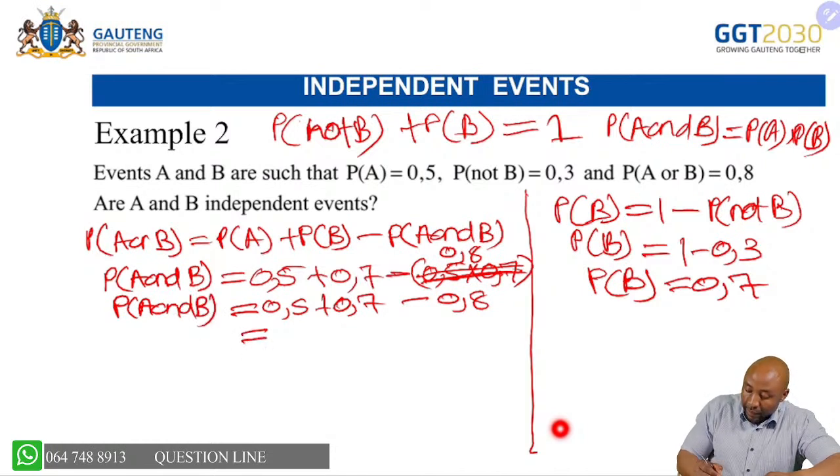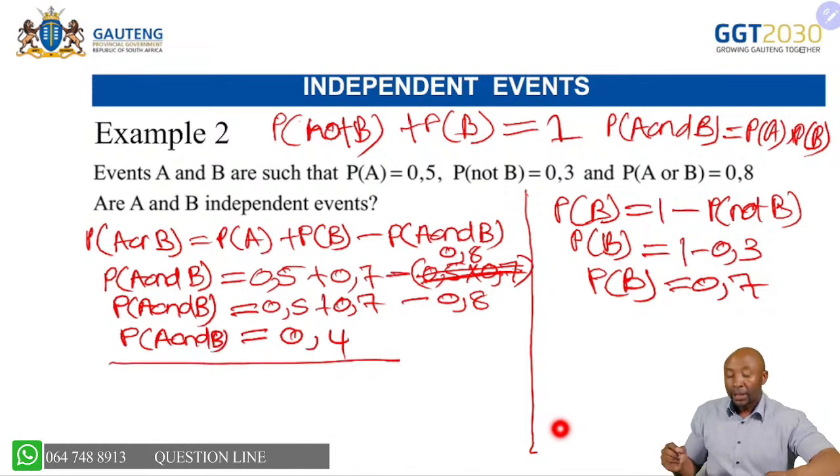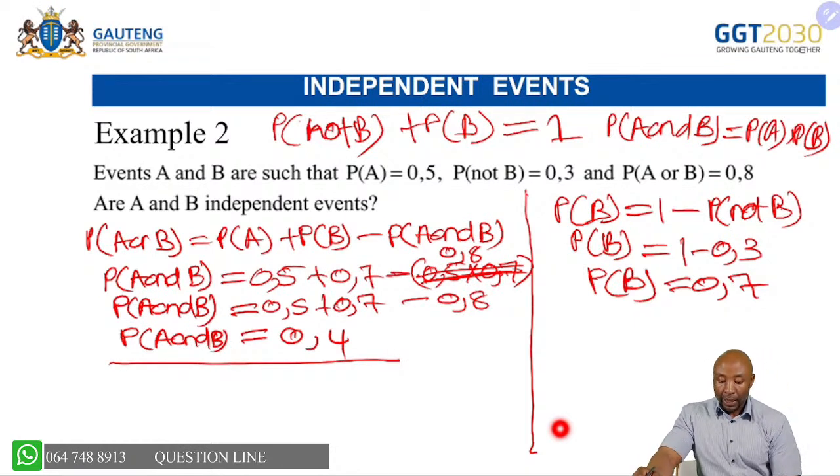This will give us our answer as 0.4 using the identity. We are getting the probability of A and B as 0.4.